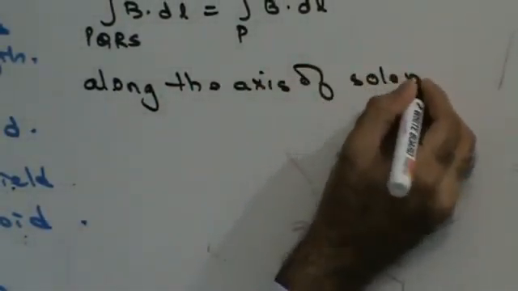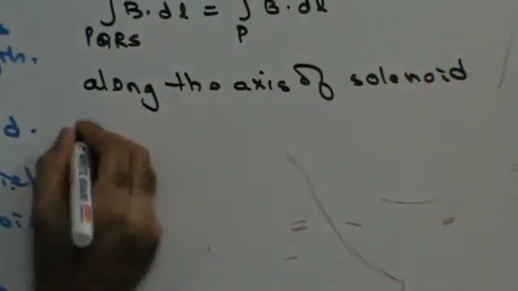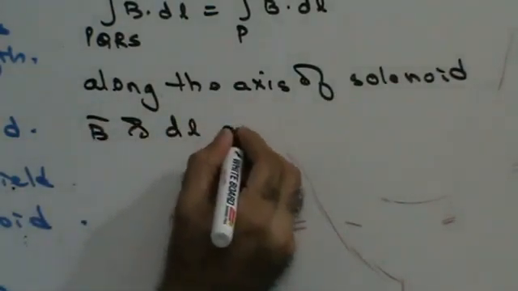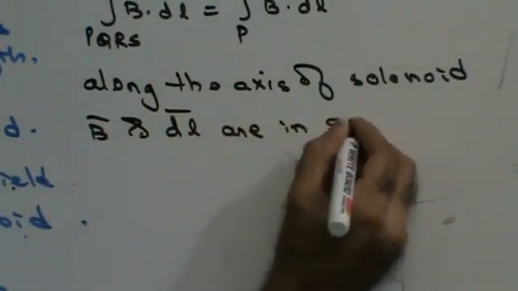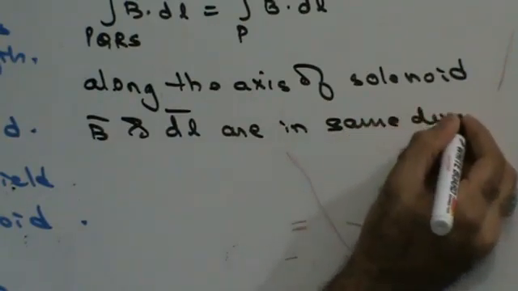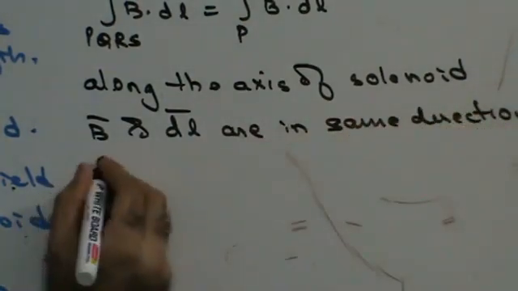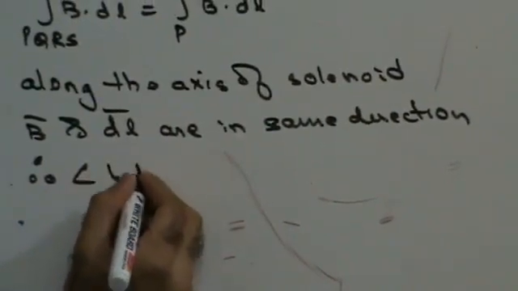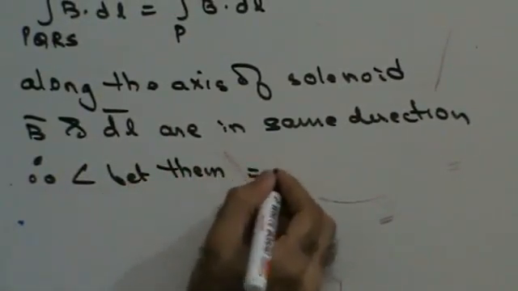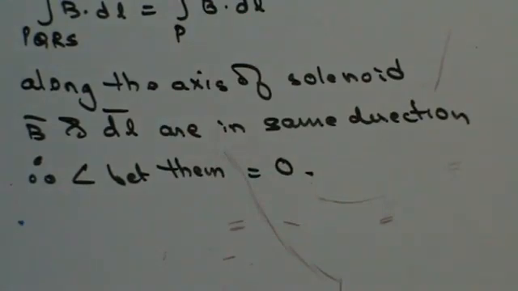I can say that along the axis of solenoid, B vector and dl are in same direction. Therefore angle between them is 0.